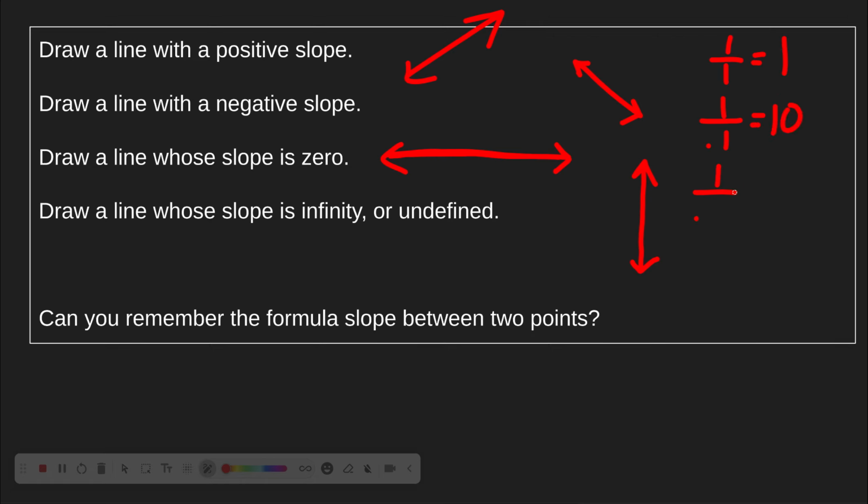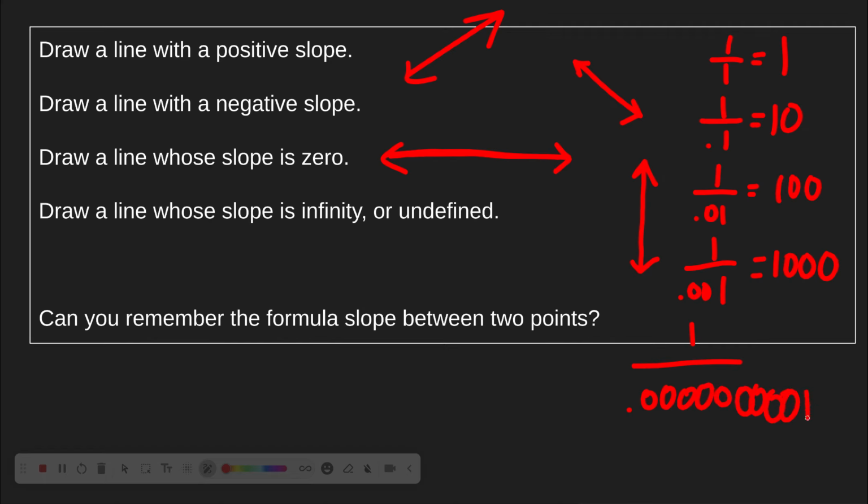What's 1 divided by 0.01? 100. What's 1 divided by 0.001? 1,000. So if I did 1 divided by something that was really close to 0, my answer would start to approach infinity. That's why dividing by 0 is undefined, because infinity is undefined, okay?